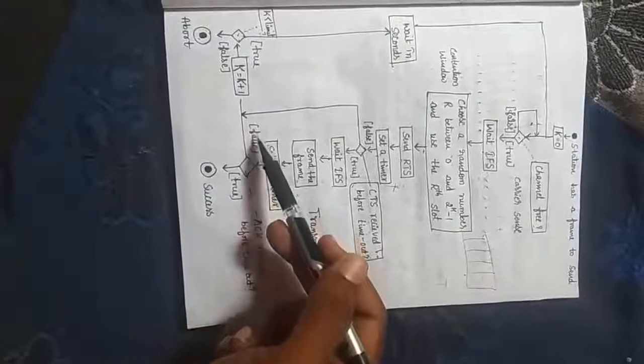If the acknowledgement is received after the timer expires, the transmission has failed. Next we have to go back and increase the attempt by 1. Here the k value will be increased, and we go back to the first step and follow the rules again.